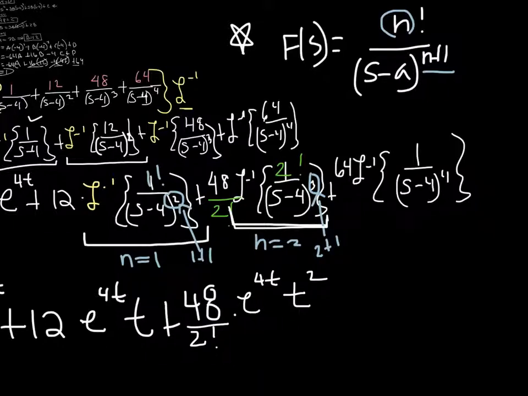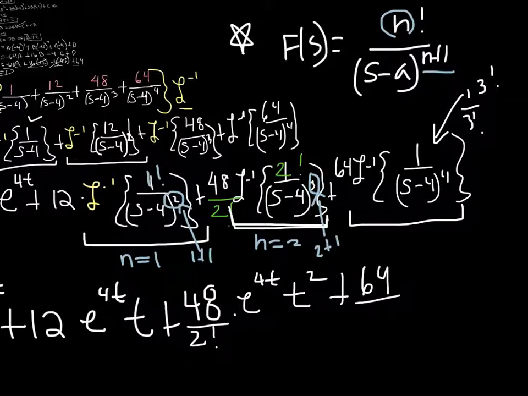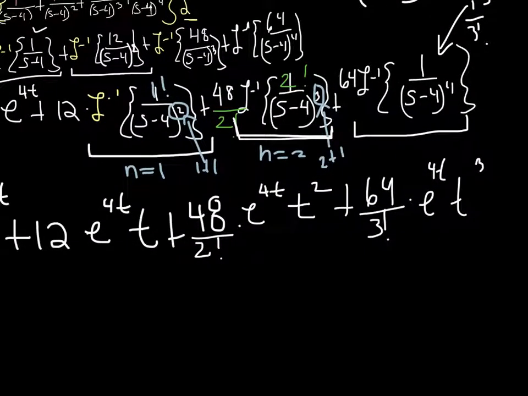Okay, and I have 30 seconds left for the video, or it's going to time me out. So similarly, we're going to do the same thing here. We're going to multiply. This is really going to be 3 factorial, and then we're going to divide by 3 factorial. And then we're going to end up with 64 over 3 factorial times e to the 4t times t cubed. And all you're going to do is reduce, reduce, and then that's your f of t.